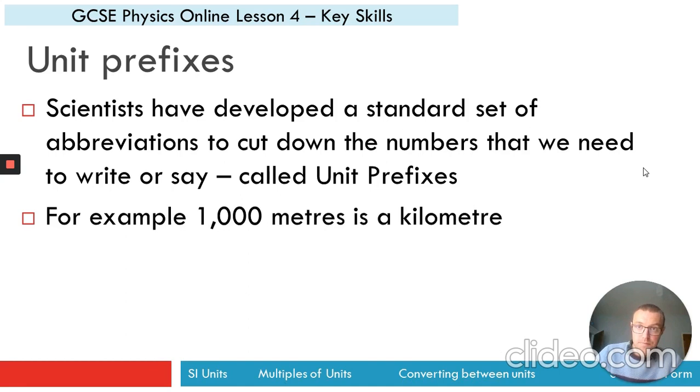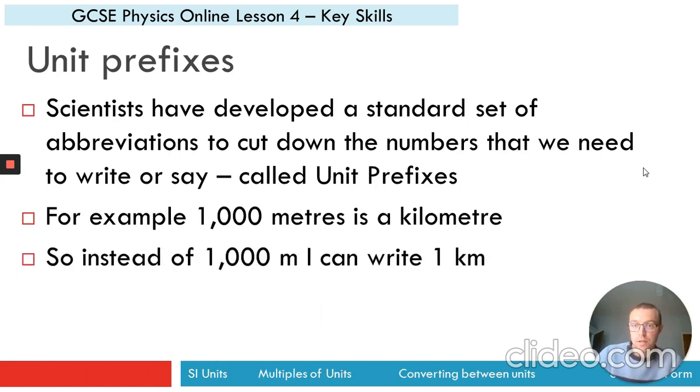As an example, 1,000 meters is a kilometre. The kilo is the unit prefix. Meter is the unit. Kilo is the unit prefix, which goes in front of meter. 1,000 meters is a kilometre.